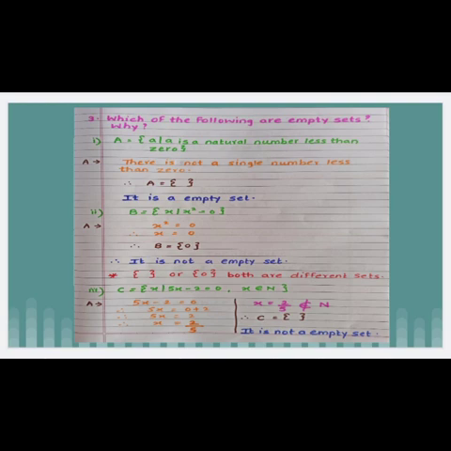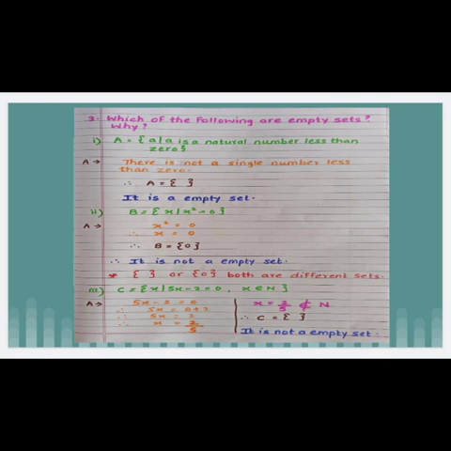Second one, set B is a set in which x is an element such that x square is equal to 0. The given condition is x square is equal to 0. So when we remove this square, opposite side square root will come. So square root of 0 is 0.